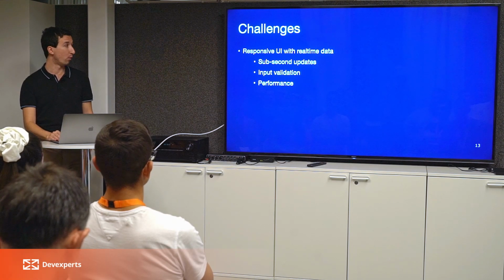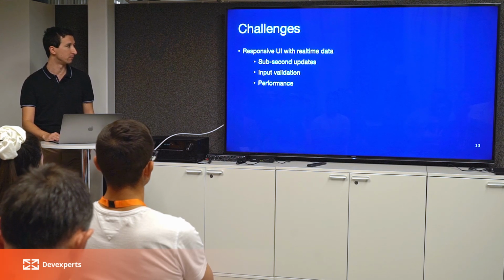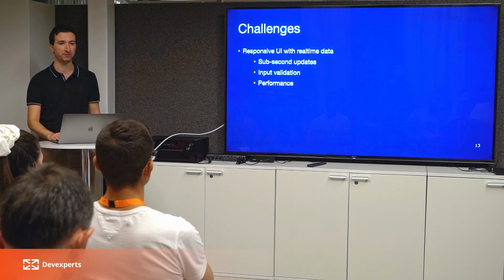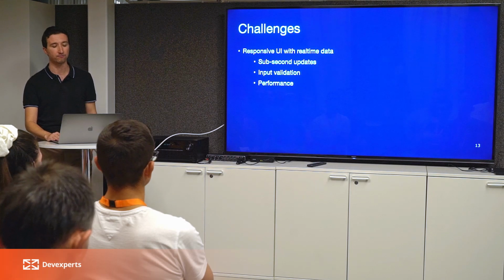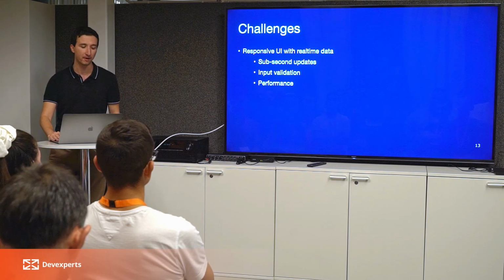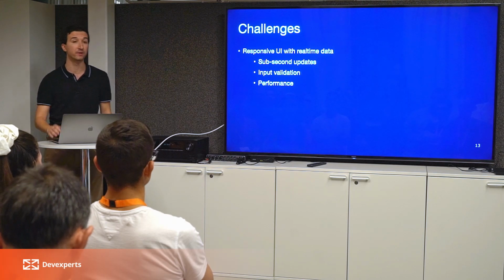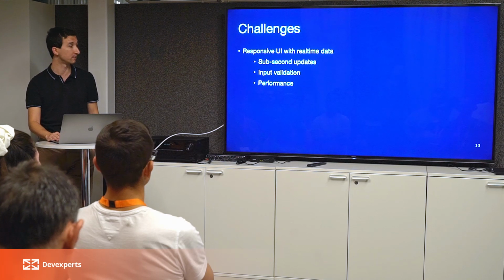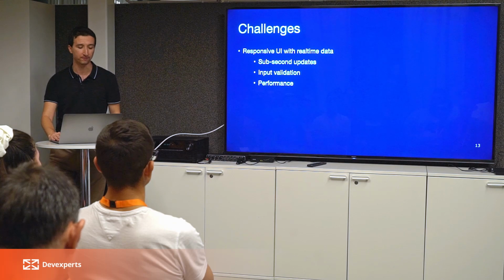So when the markets are open, the app might receive updates several times per second. So this is a UI issue, of course, as well as it could be a performance issue in some cases. And so it's really interesting to find a solution and get a good performance for that.